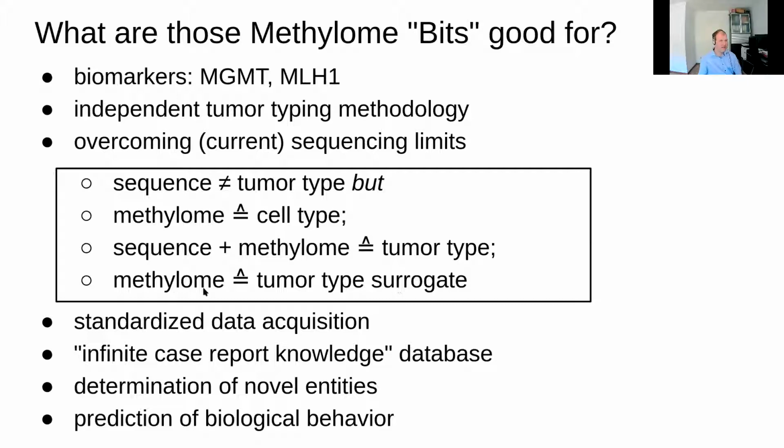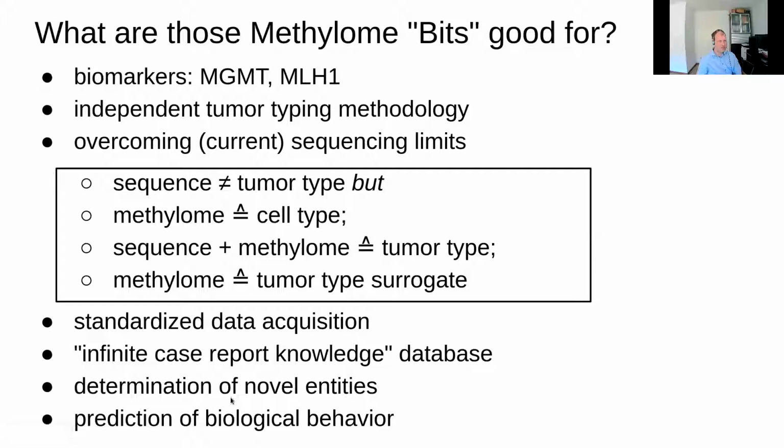And hence, if we only had a methylome, actually only had a glimpse at the methylome, because the methylation array is only a glimpse at the methylome, it's not a full genome methylome, then we have a pretty good tumor type surrogate. The standardized data acquisition is already solved due to this Illumina monopoly, which started out many years ago. And hence we have created a rather large database of cases that could hopefully be an infinite repository of cases.